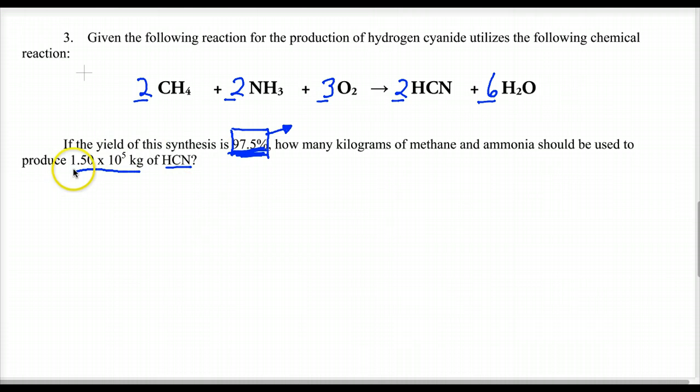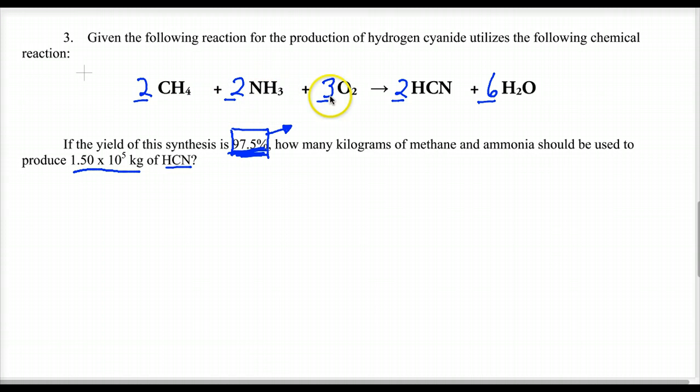Remember, this value, 1.50 times 10 to the 5, is what was made from these two reactants with error, meaning some of this probably did not react. Remember, 97.5 efficiency means that we lost 2.5%, it didn't get produced. So that means some of the methane and ammonia was lost in the process, or didn't completely react, or there were side reactions.